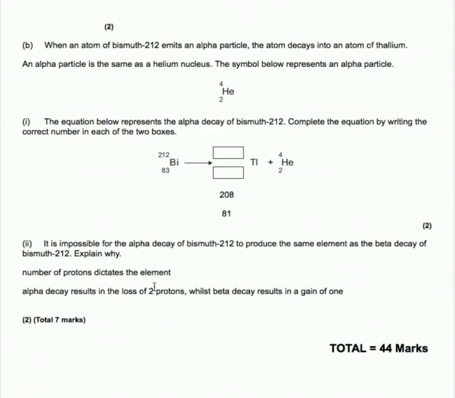And because alpha decay and beta decay are as a consequence of a different number of protons being lost or gained. With alpha, you lose 2 protons. With beta, you end up gaining 1, a neutron becoming a proton. So it's simply impossible that you could end up with the same element. Starting with the same parent nucleus, you could not end up with the same element via alpha and beta decay.